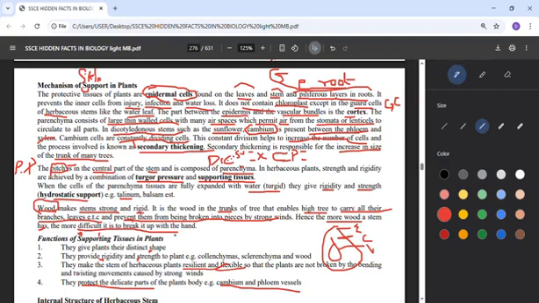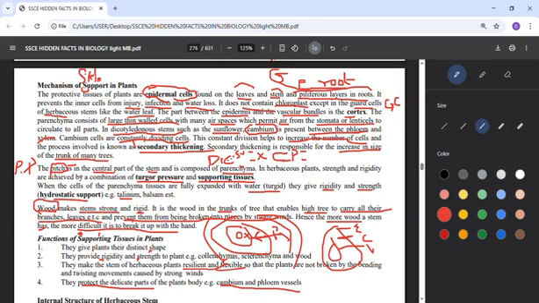If you have three layers, assume the first is the xylem, the second is the cambium, and the third is the phloem. The cambium in the middle always expands, and as it expands it makes the tree very large. That's why we call it secondary thickening. It is responsible for the increase in size of the trunk of many trees.